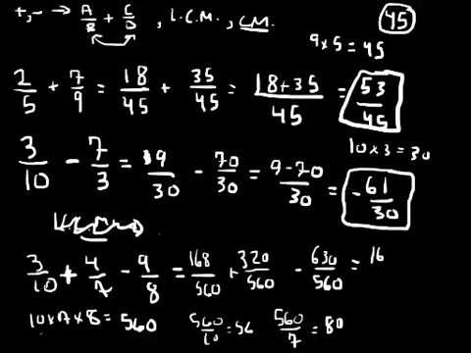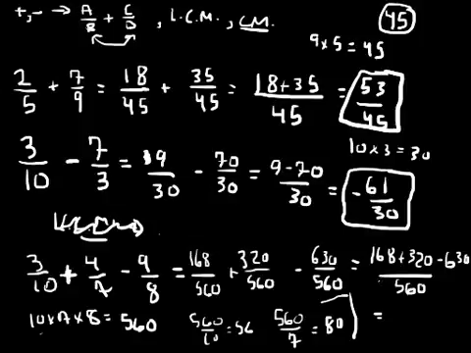And then now I can just combine them because they have a common denominator. So let me just bracket that off. So you get 168 plus 320 minus 630 on your calculator, which is negative 142 over 560.